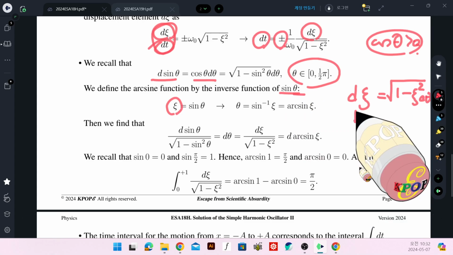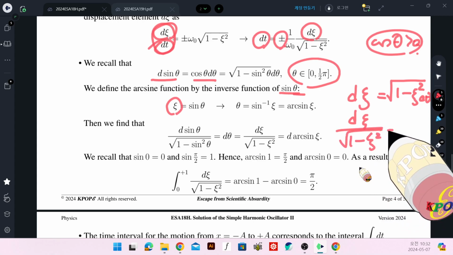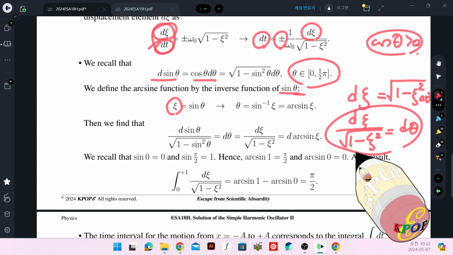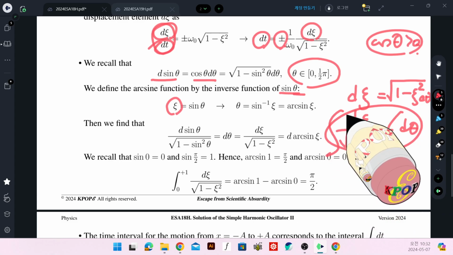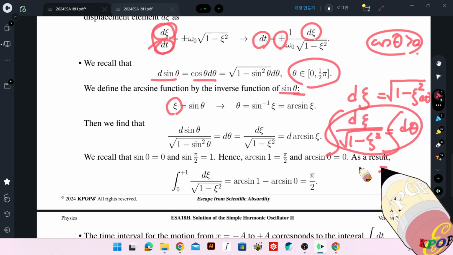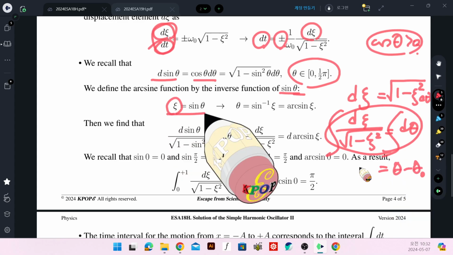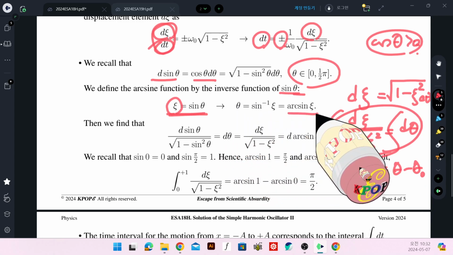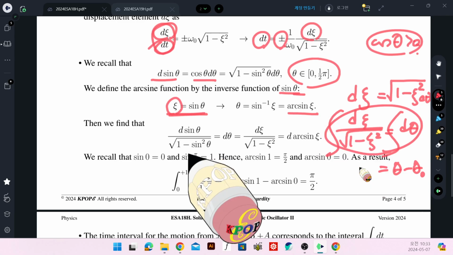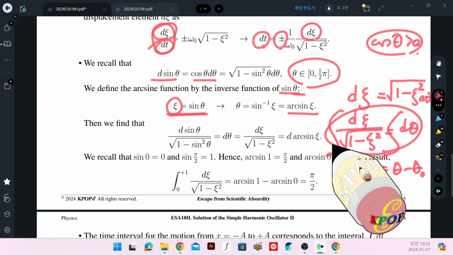Therefore, d xi over square root of 1 minus xi squared is d theta. So we can integrate both sides. Then it is nothing but theta minus theta 0, the initial value of the angle. Because this is equivalent to theta equals arc sine xi, our final result for this integral is arc sine.